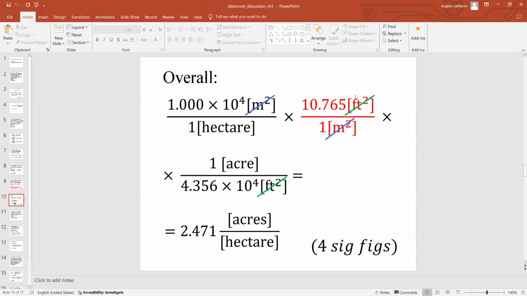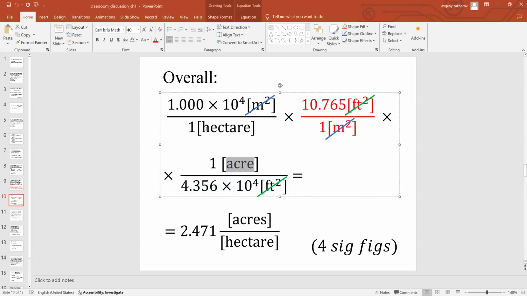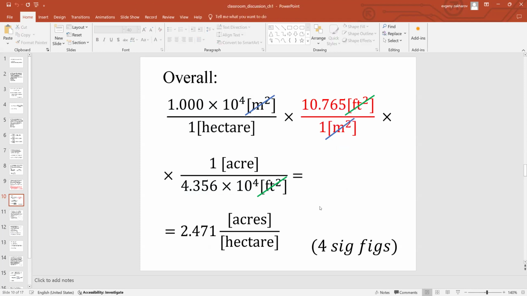And your feet squared goes on top because you do have a feet squared at the bottom already. And feet squared with feet squared cancels out. And you're left with acres over hectares. That's exactly what we were looking for from the problem.